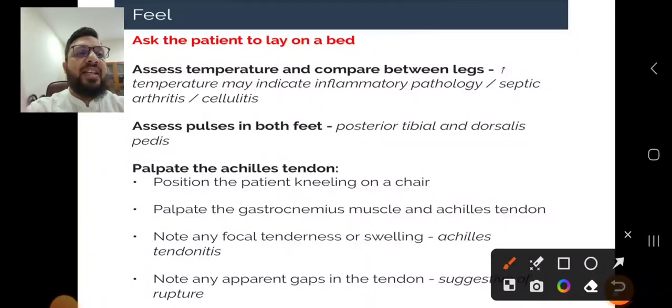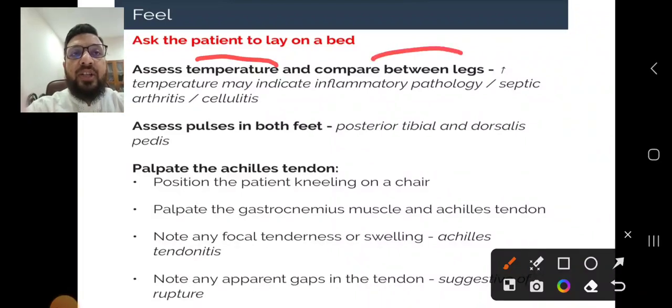So you will assess for temperature and tenderness on the legs, especially on the foot, and also along the whole of the leg. The important thing here is to compare. So you will compare the temperature and any tenderness.